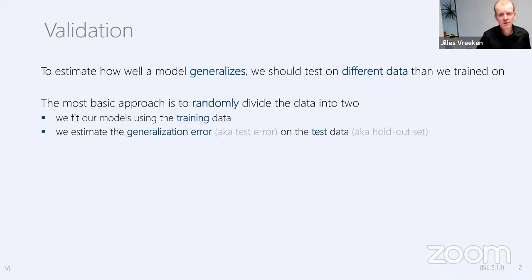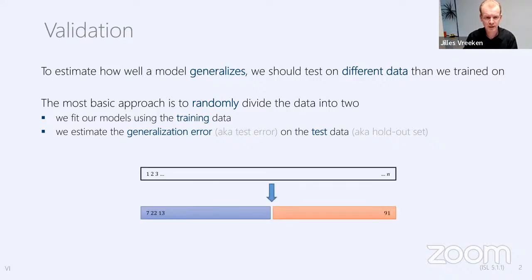Now, the most basic approach you can think of is to take the data that you got, divide it randomly into 2, fit your method on the one half, and then use the second half to see how far off your estimates are. In that sense, your method will have relatively little chance of overfitting on the testing data, which we do have when we evaluate on the training data alone.